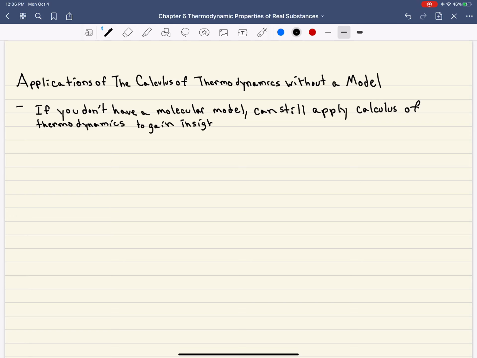And so in the in-class problems for Chapter 6, I'm going to demonstrate various examples of how you could use the calculus of thermodynamics to develop equations for temperature, pressure, and volume, starting from the basics.